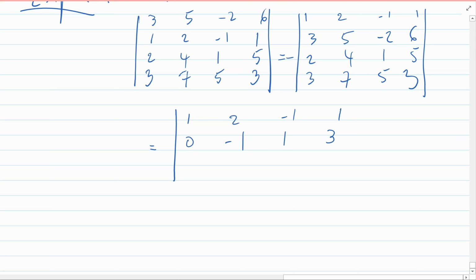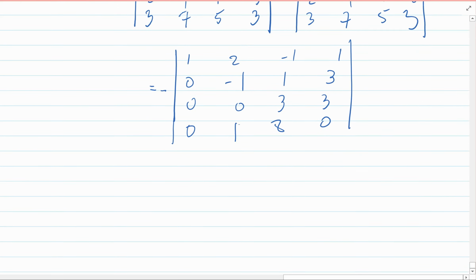In other words, I'm taking the third row minus 2 times the first row. 2 minus 2, 0. 4 minus 4, 0. 1 minus 2, that's minus 1. And then 5 minus 2, that's 3. And then the last one will be 3 minus 3, in other words R4 minus 3 R1. 3 minus 3, 0. 7 minus 6, 1. 5 plus 3, that's 8. And 3 minus 3, that's 0.